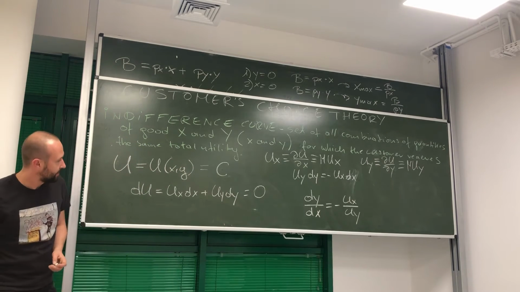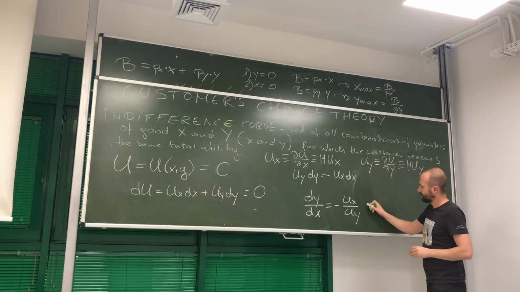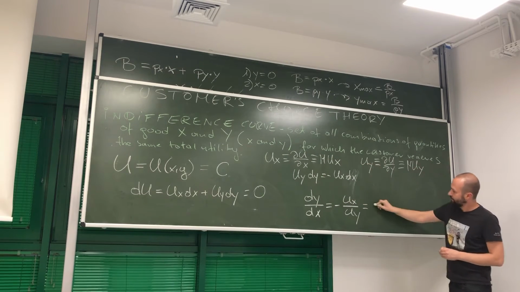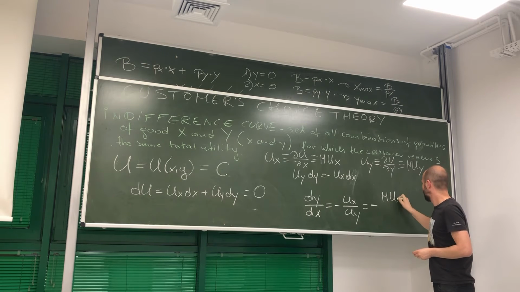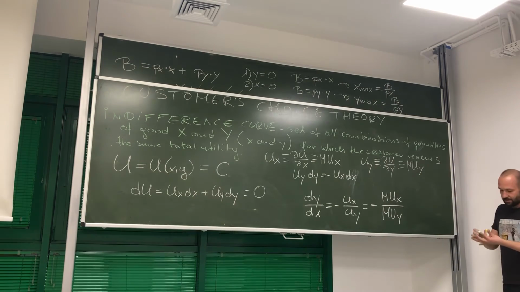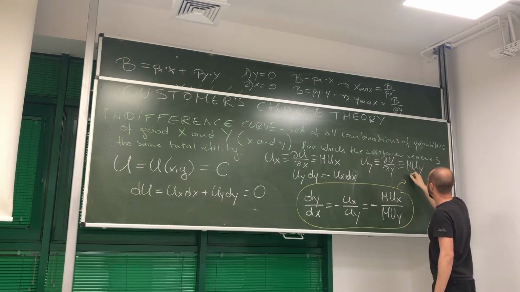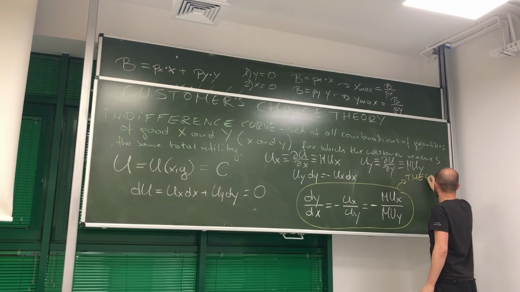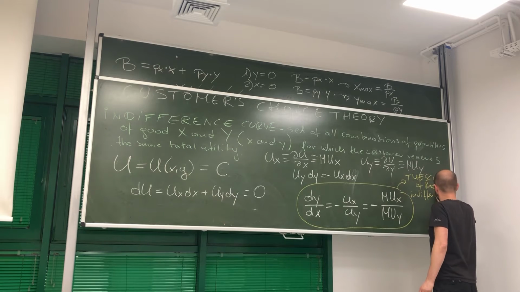And what you see over here, this expression, which is the negative of marginal utility of good x divided by marginal utility of good y, is the slope of the indifference curve.